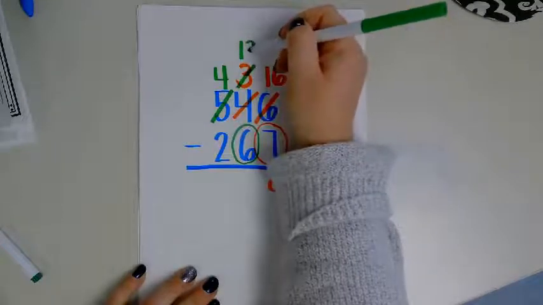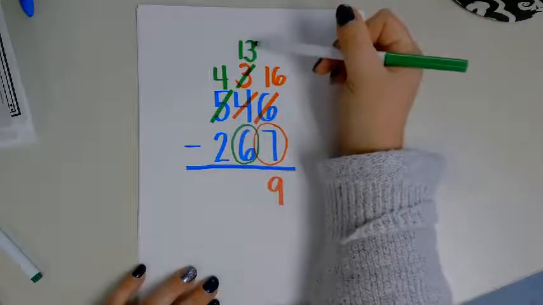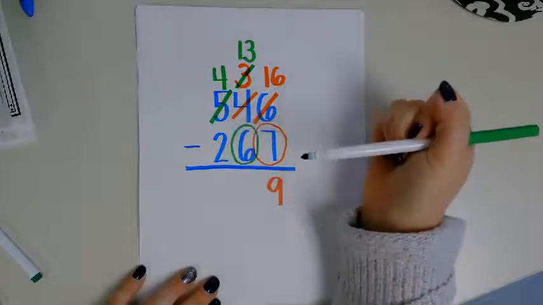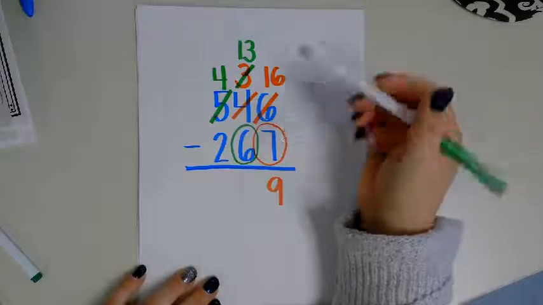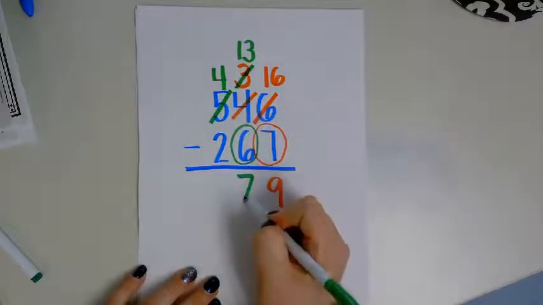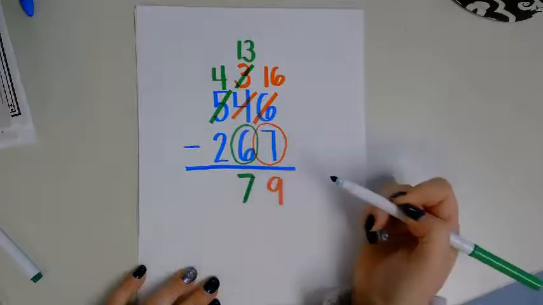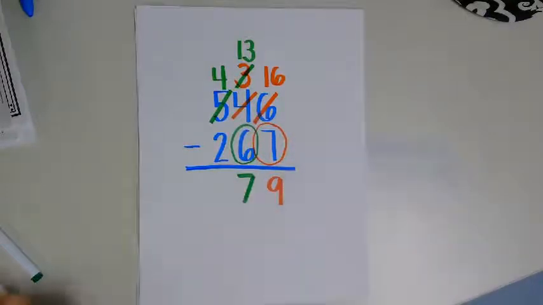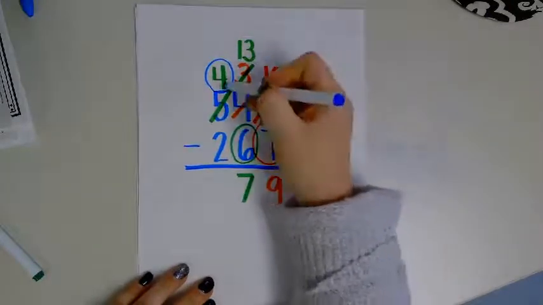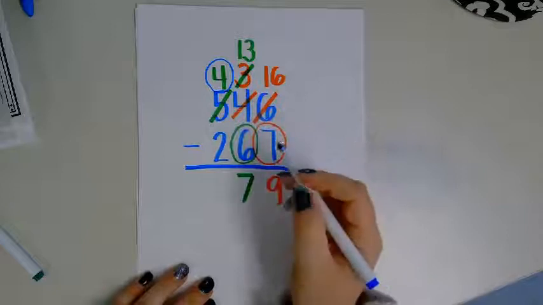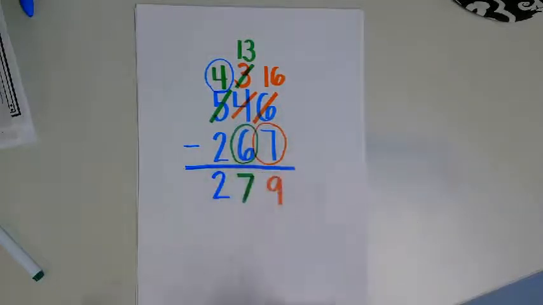Now I can do 13 minus 6, which is, good, 7. And then I do 4 minus 2. The 4 is bigger. So 4 minus 2 is 2. Okay? So it's very important to find that bigger digit.